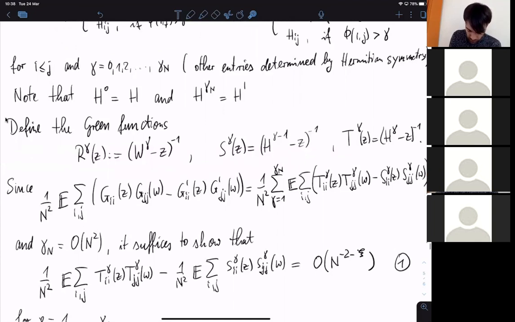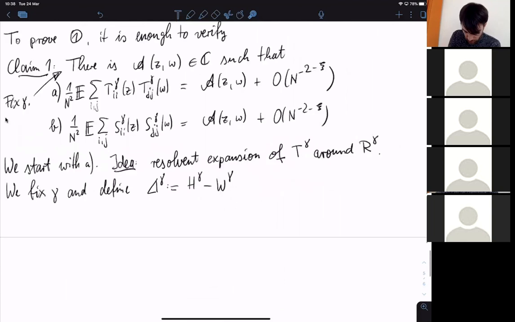So we define this delta gamma, but now we omit the gamma from our notation for now.